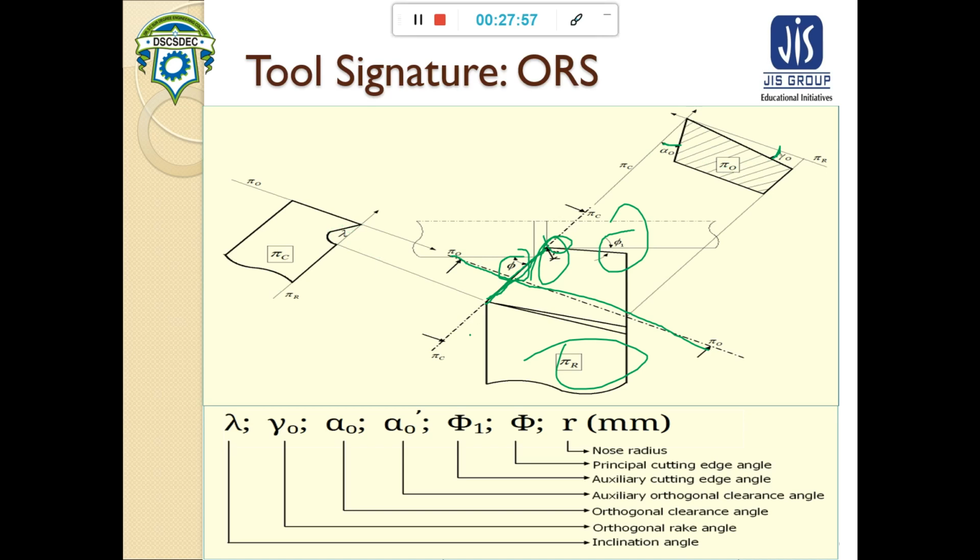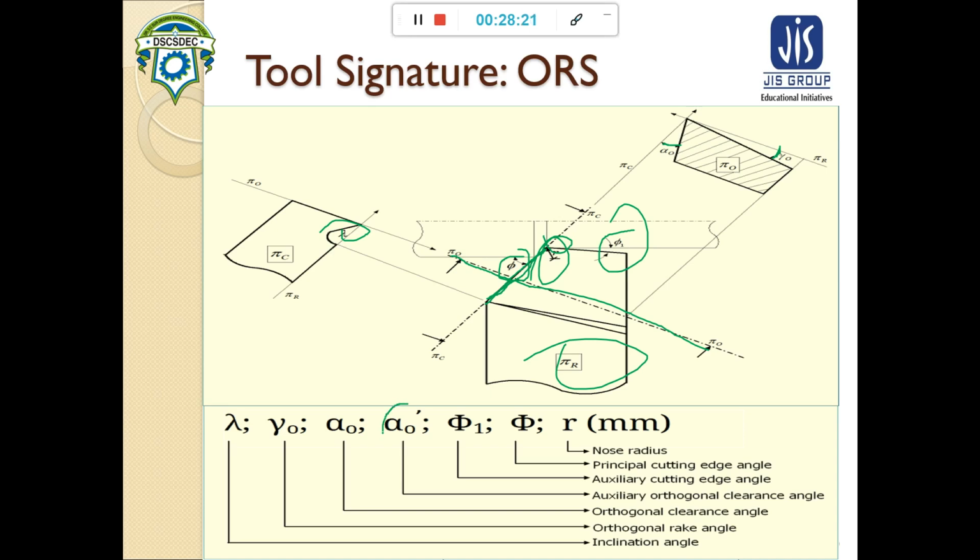In case of the pi c cutting edge, the end relief angle can be found.